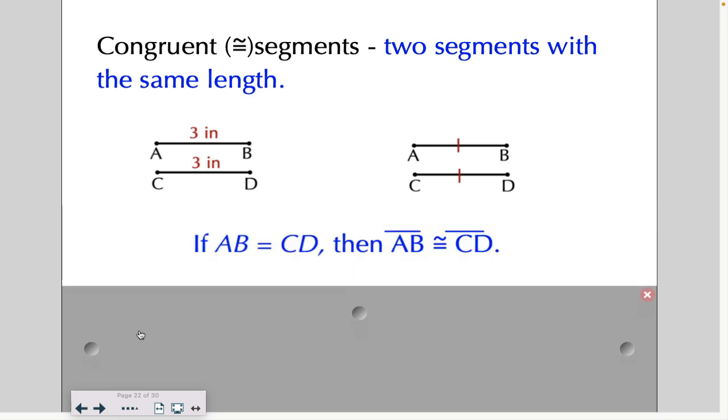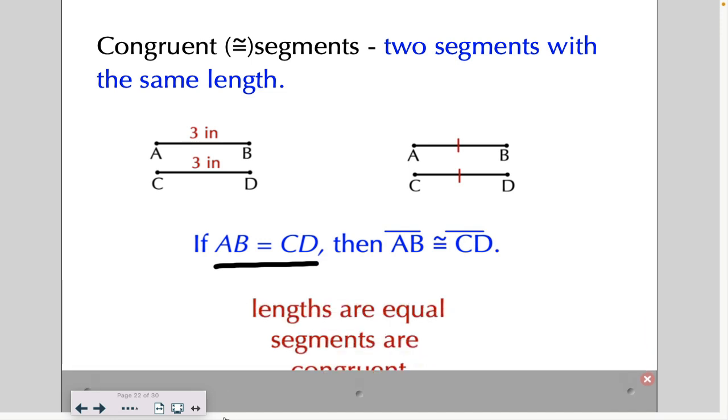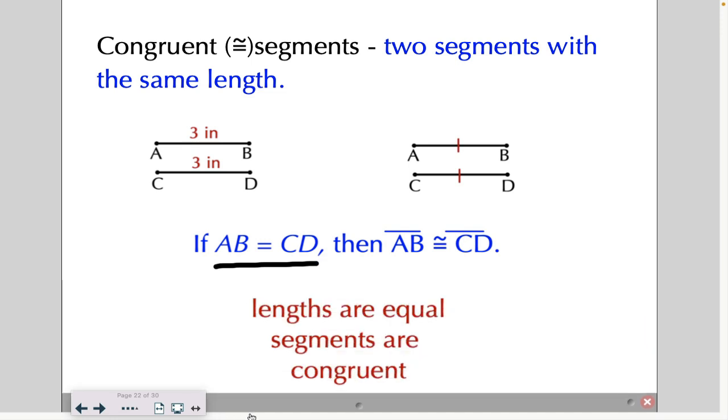Okay? And if the length of AB is equal to the length of CD, here's where the notation will get you. It's why I'm yapping at you so much. You wouldn't just say this. You would say segment AB is congruent to segment CD. This means the length of AB equals the length of CD. This means they're congruent, okay, and the notation will matter. Lengths are equal, segments are congruent.